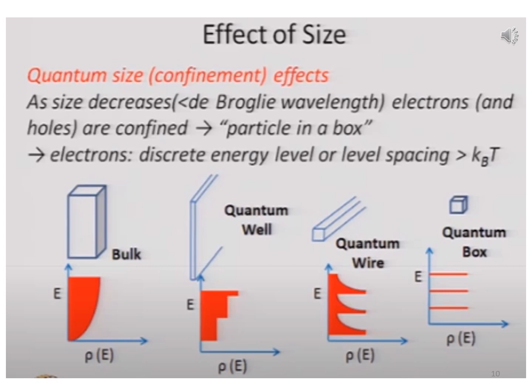The dimension is so small that electrons cannot go out of these particles, and they will strike again and again in that particle, and the properties of that material will change. The electron has to be within that nanoparticle, inside that quantum box.